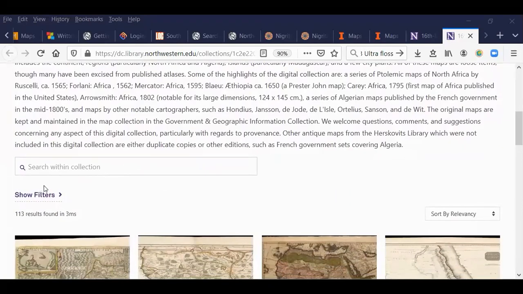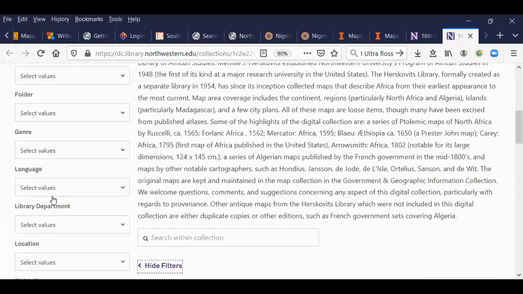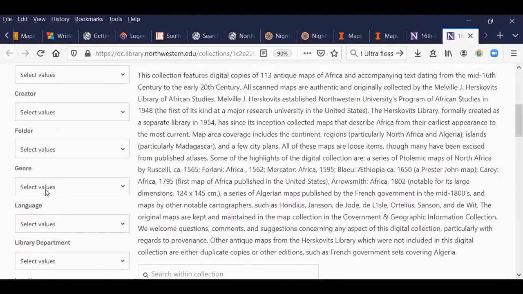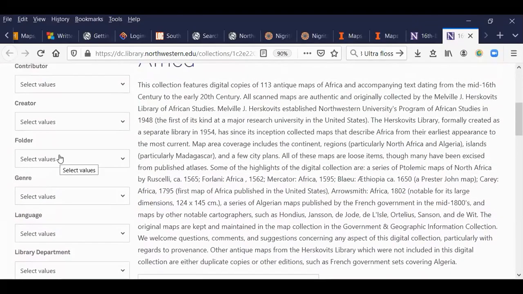You can search within the collection if you know a particular name or a date, but you can ask to show filters as well, and the filters will give you an indication of specific kinds of things within the collection.